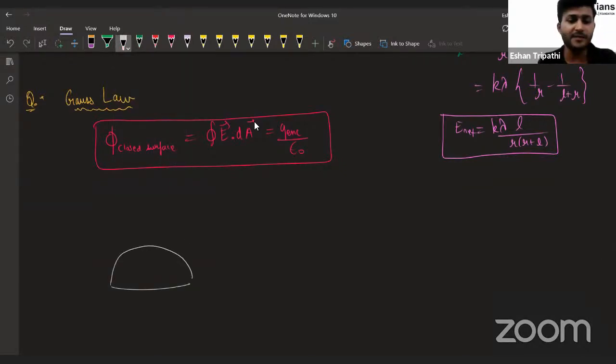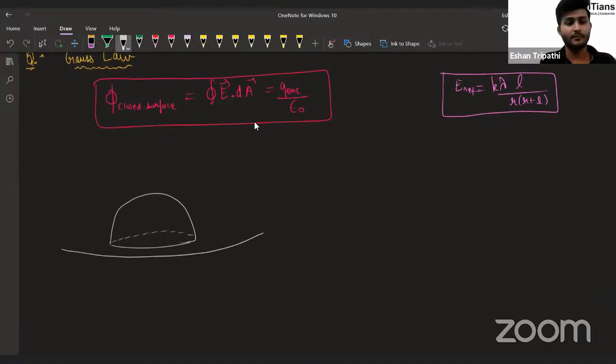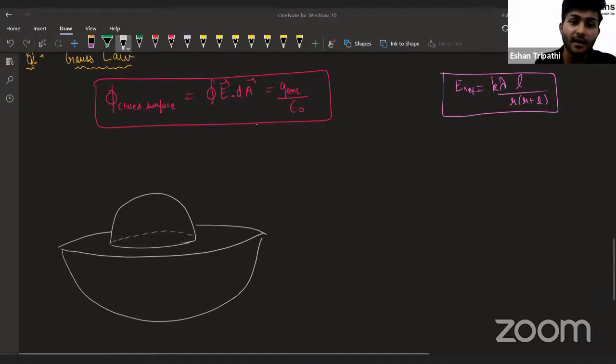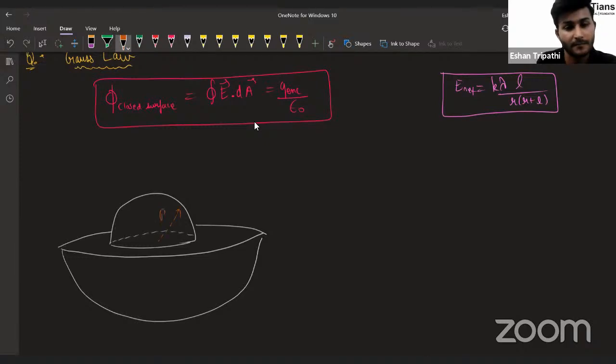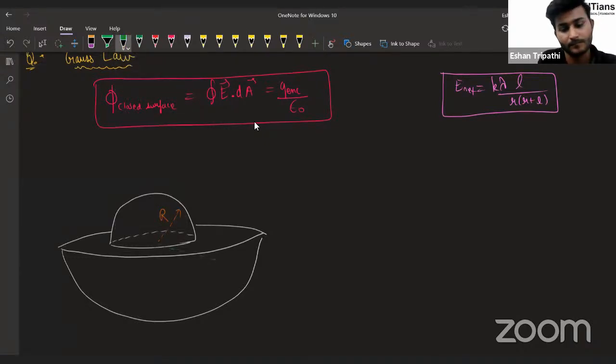If I consider a hemisphere, and this is not it, there's another hemisphere below this also. Like these are two hemispheres facing each other. One has radius r, another has radius 2r. Both have a common center.